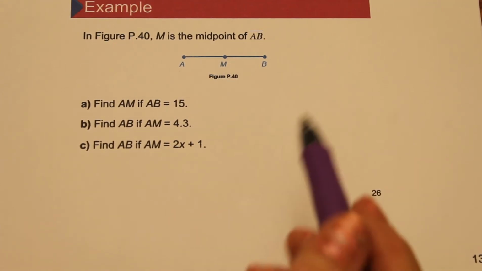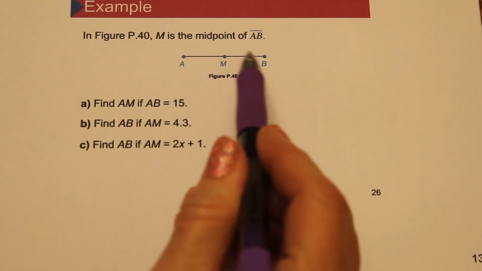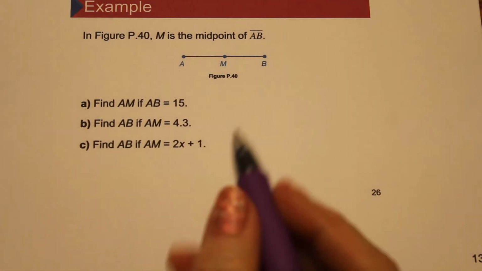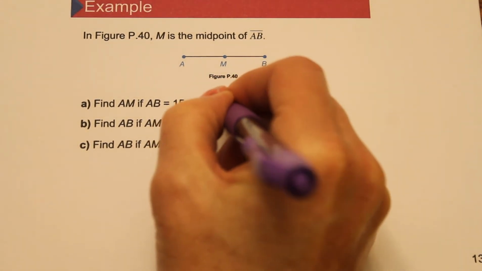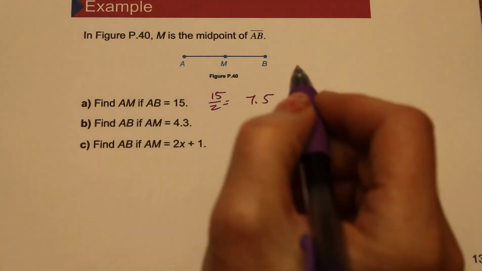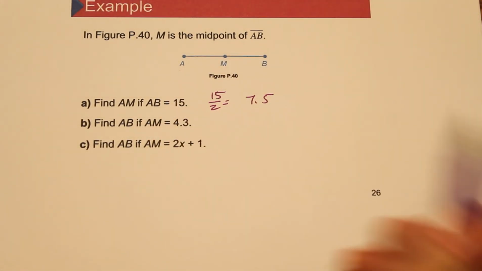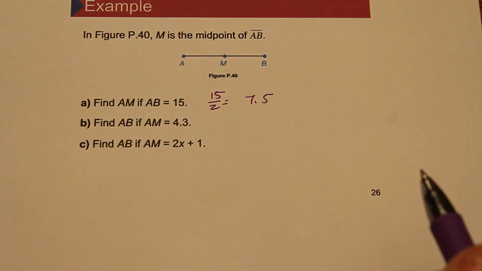So they want us to find AM if AB is 15. So if the whole segment is 15, half of 15 would be 7.5. AM would be 7.5. This one would be 7.5, and this one would be 7.5.